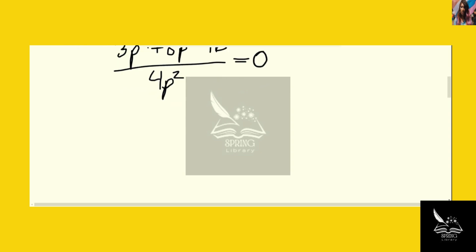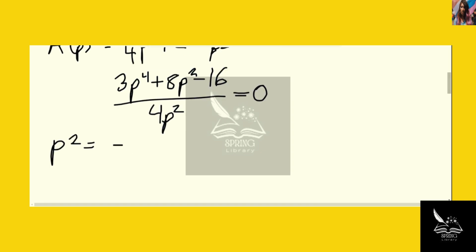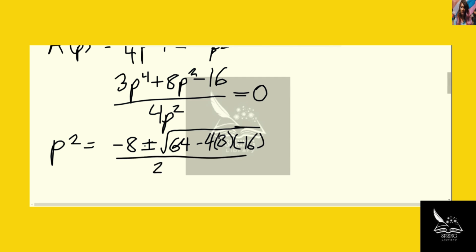We solve this using the quadratic formula. p squared equals negative 8 plus or minus the square root of b squared, which is 64, minus 4 times a, so 4 times 3 times c, which is negative 16, all over 2 times 3.